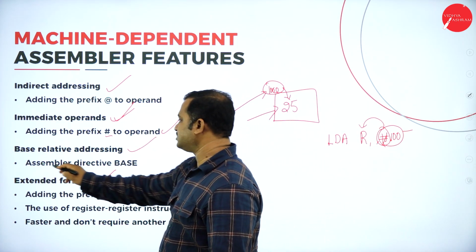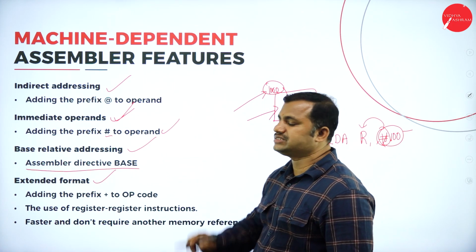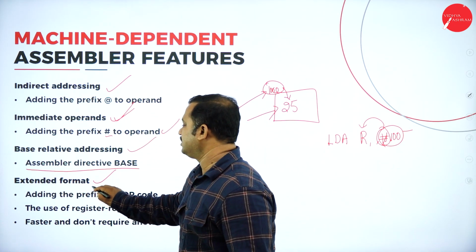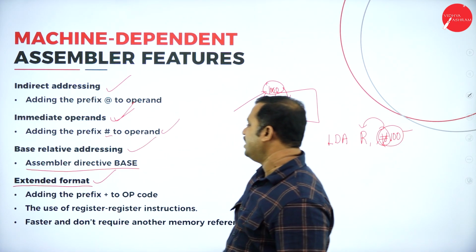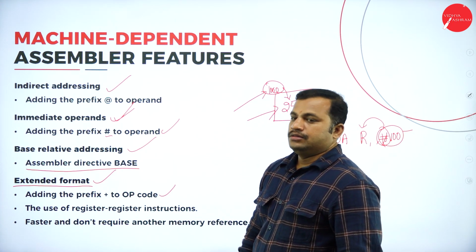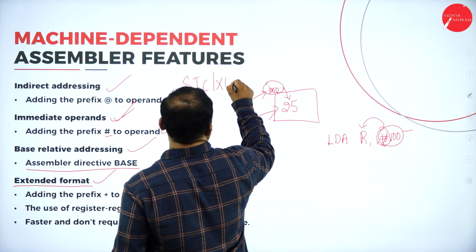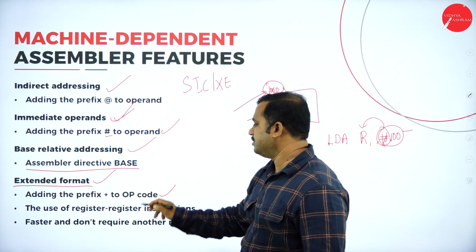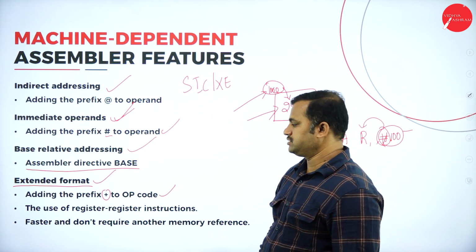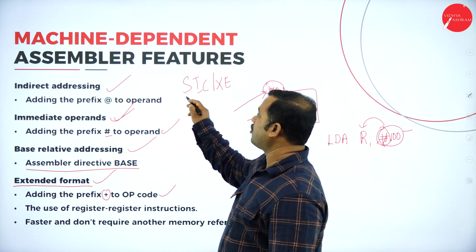Then base relative addressing: in case of base relative addressing, the assembler directive BASE is used. Next, the extended format: in this case, we add the prefix plus to the opcode. That is, in SIC/XE we always have the prefix plus on the opcode, which indicates that the program is in this format.